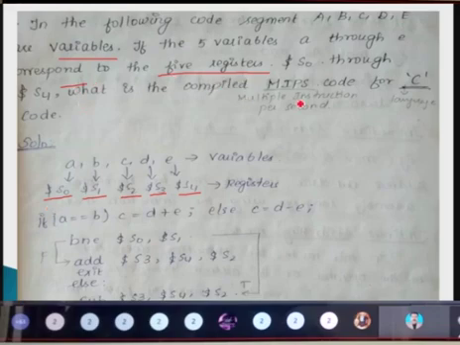And here, what is the compiled MIPS code for C code? So MIPS, multiple instructions per second, for C language.